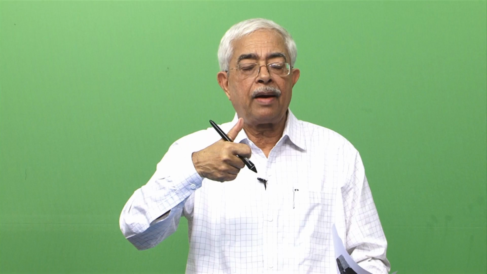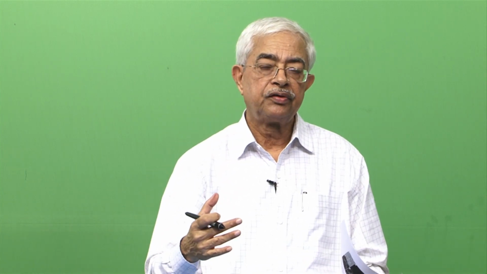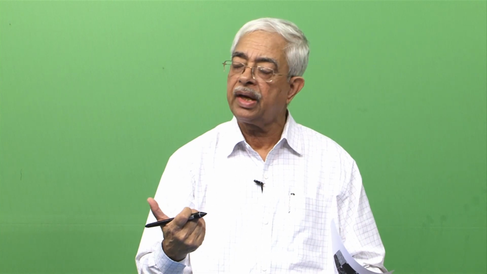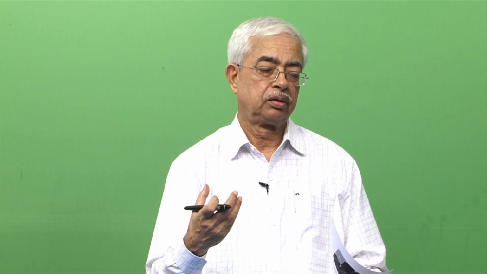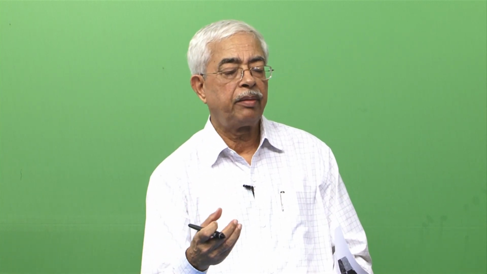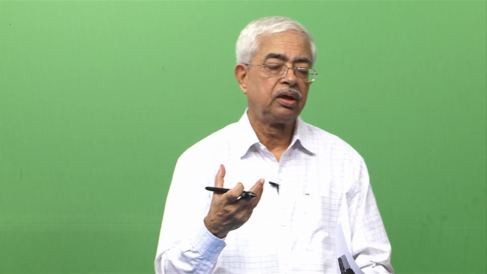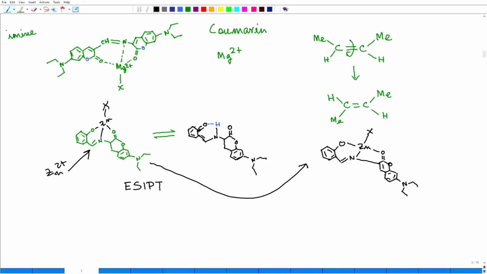What problem will happen if I put nickel 2 or copper 2? Nickel 2 or copper 2 may make it paramagnetic. Nickel 2 may make octahedral, which is paramagnetic, and copper 2 is always paramagnetic. Therefore, paramagnetic quenching will take place. That is why this is zinc specific.